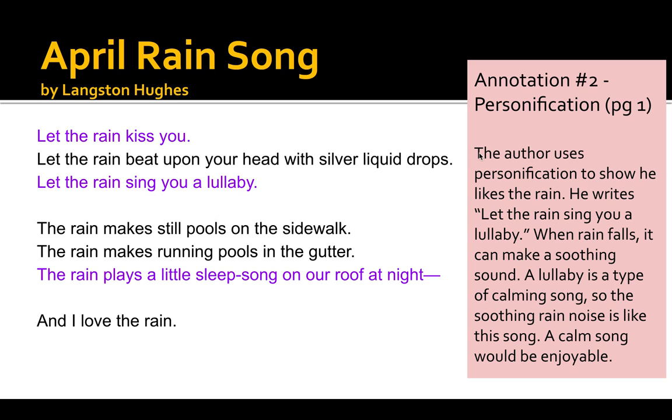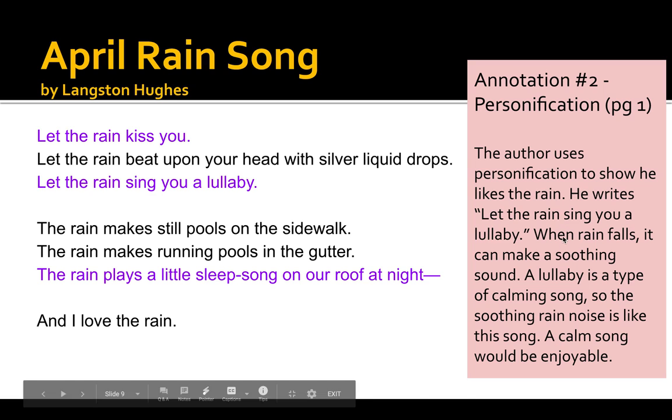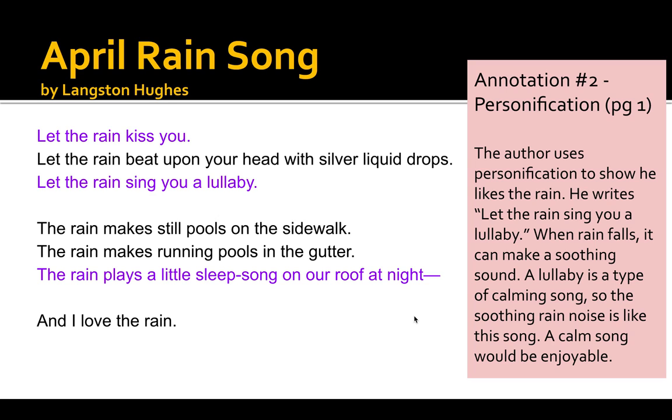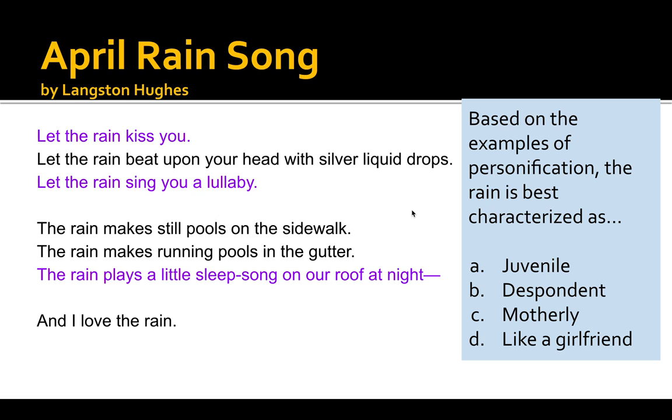So you see that I restated the question, the author uses personification, and then I answered it to show he likes the rain, and here's my evidence, and then I explain it down there. So my explanation took a little bit of time because I had to explain what a lullaby was, the characteristics of a lullaby, and then how rain would fit those characteristics. Next question.